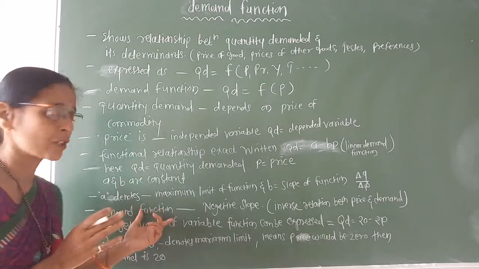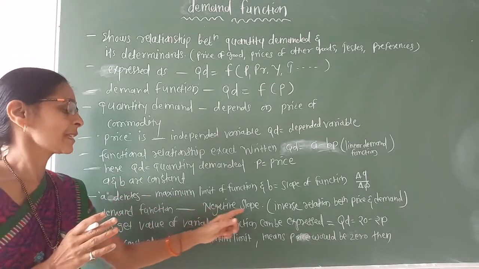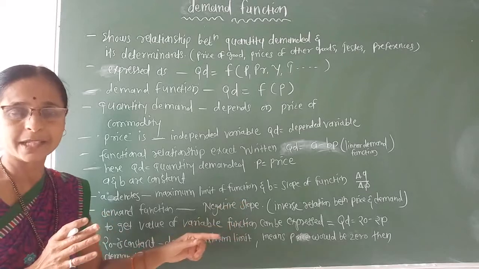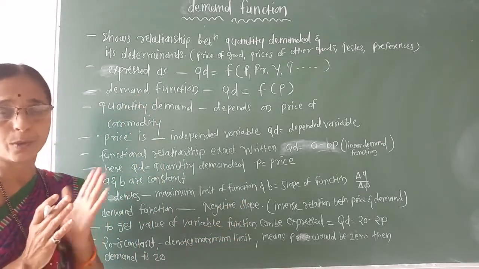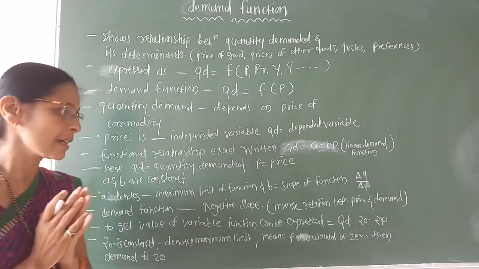So the demand function always has a negative slope, sloping downward from left to right.